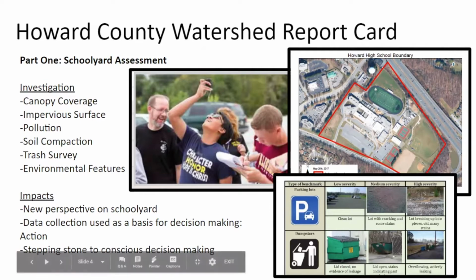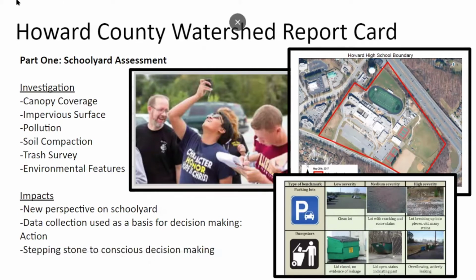So just to give you a quick snapshot of what they test for, they measure the amount of tree canopy coverage in their schoolyard. They compare using maps impervious versus pervious surfaces. They look at many different types of pollution in their schoolyard, from the parking lots, the oil on there, the erosion, storm drains, downspouts. They do soil compaction tests.